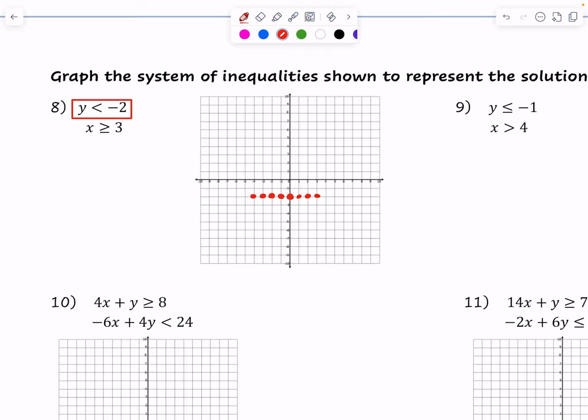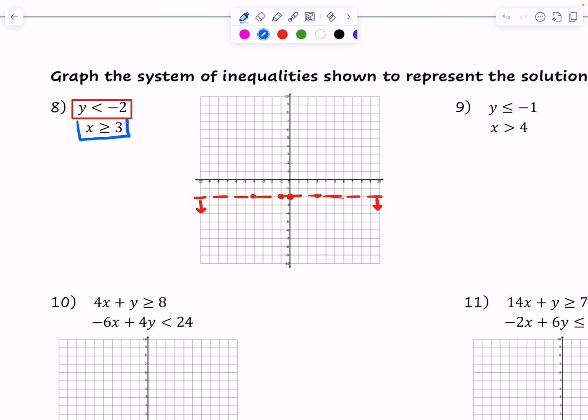So this one here, is it going to be a solid line or is it going to be a dashed line? Well, this one would be a dashed line. A dashed line where y is less than -2. So if it's less than -2, then we are going to be shading below that graph. Now let's look at x.